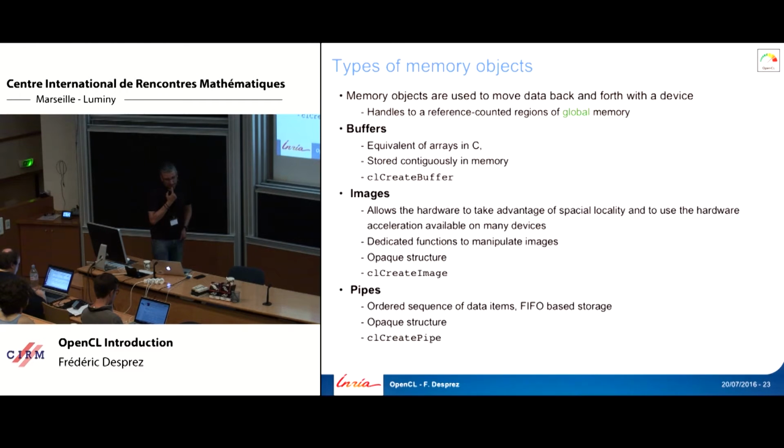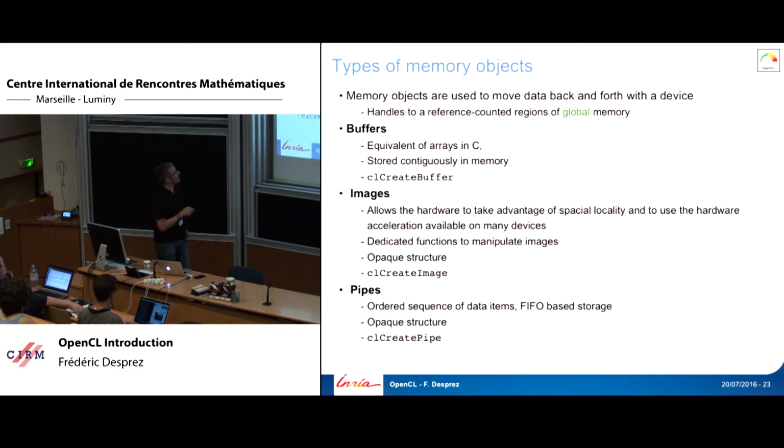About the types of memory objects, you have buffers, which are equivalent to arrays in C, contiguous in memory, and you create them using clCreateBuffer. You can have images, if you want to program a graphical application on GPUs. I will not talk about this later on, because this is mainly a presentation about classical supercomputing.